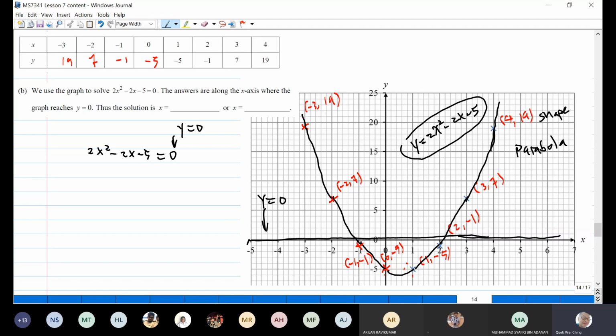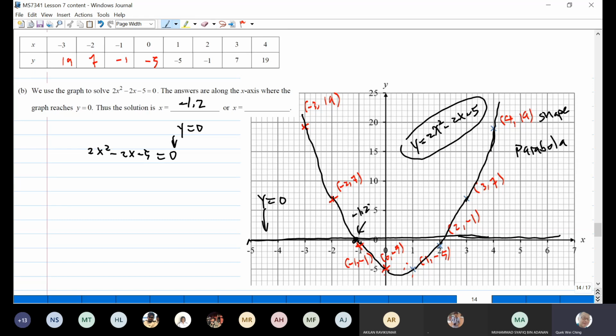So when the graph cuts the x-axis, one of them, I think you can see, is around minus 1.2, somewhere here. It's not very accurate.